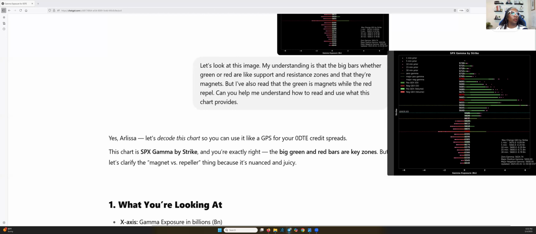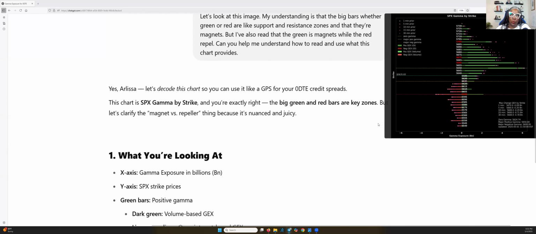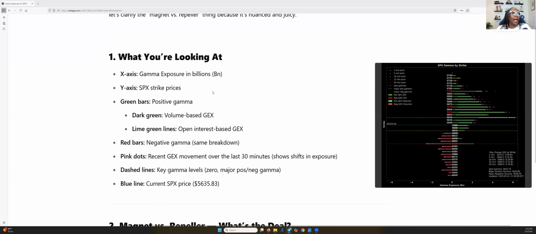So he says, yes, Arlissa, let's decode this chart so we can use it like a GPS for your 0 DTE charts. This chart is an SPX gamma by strike, and you're exactly right. The big green and the red bars are key zones, but let's clarify the magnet versus repeller thing because it's nuanced and juicy. What you're looking at: the x-axis is not important.